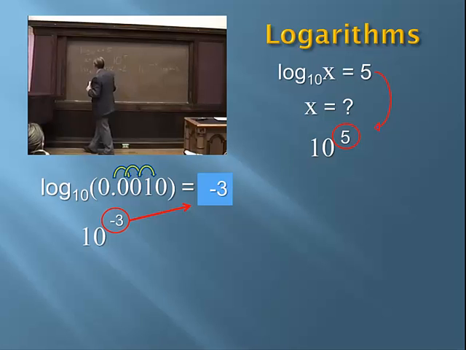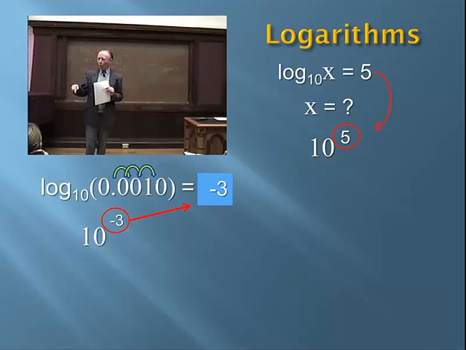What is the logarithm of 1? It's 0, right? The logarithm of 1 is 0. What's the logarithm of 10? 1. What's the logarithm of 0.1? Negative 1. What's the logarithm of 0.01? Negative 2.